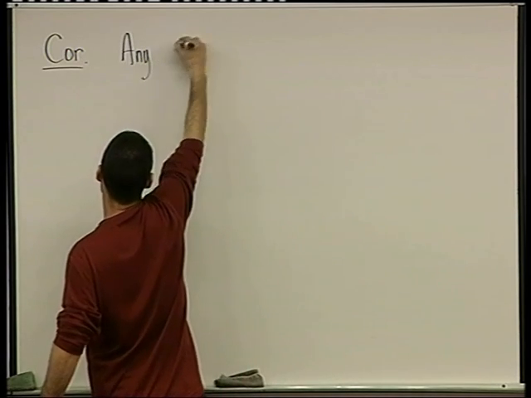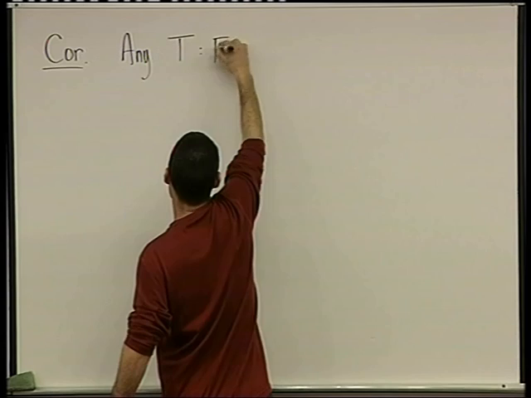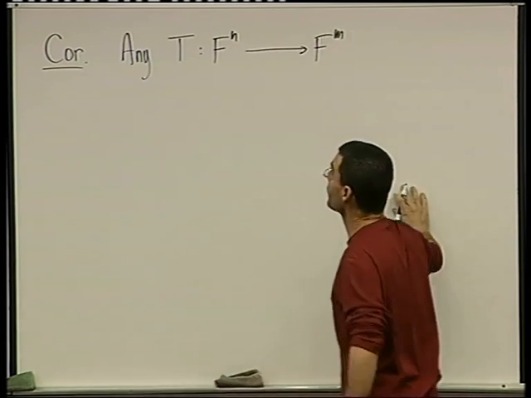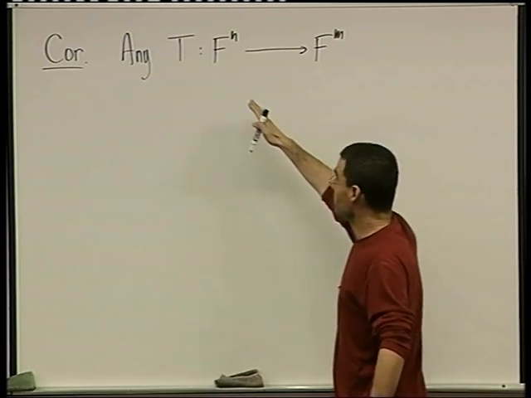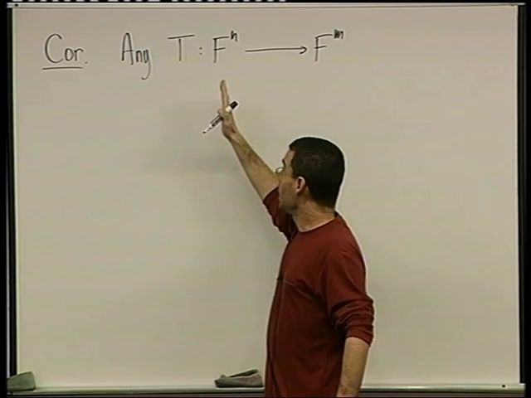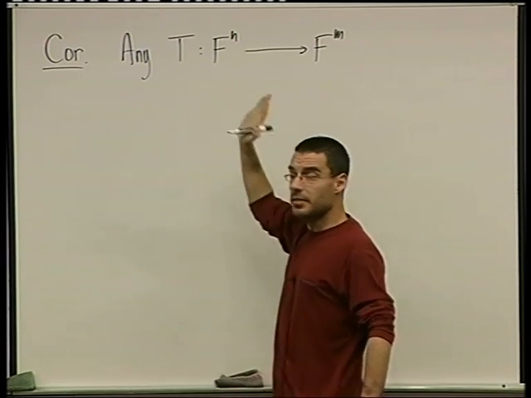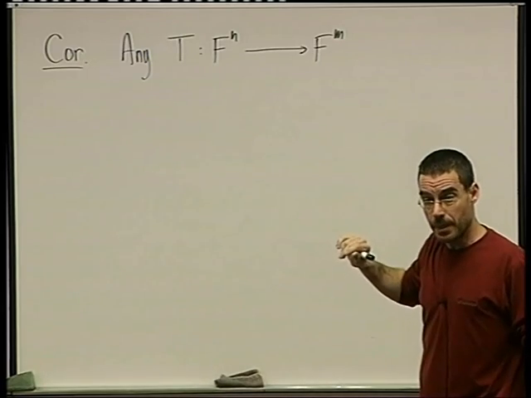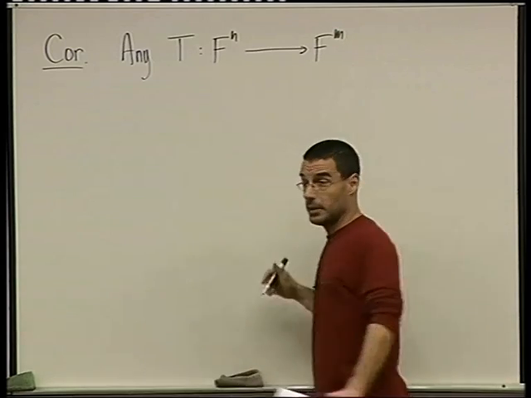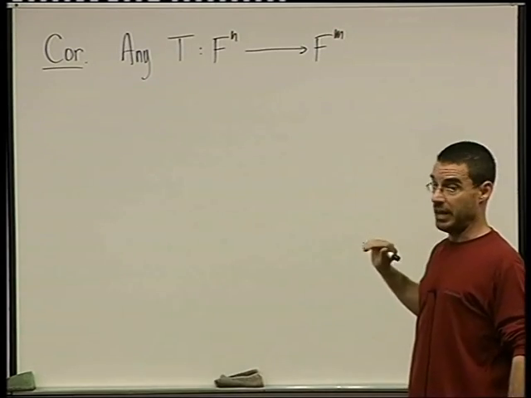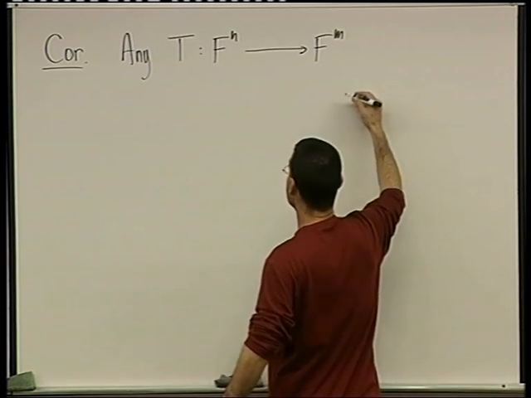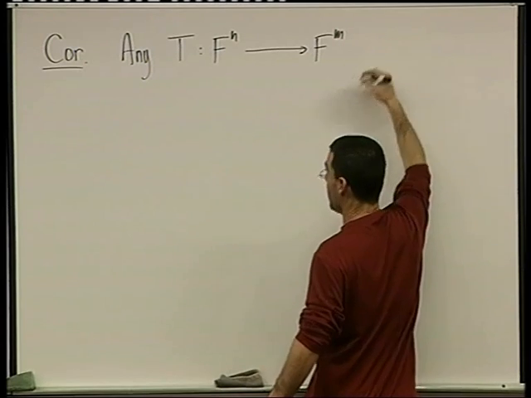Any T from Fn to Fm. Okay, so any T where the V and the W's are, well, we're thinking of them at first as column spaces, but later we're going to see how to generalize this to any T from V to W, but at first, from just Fn to Fm, that's what's going to follow from that theorem.